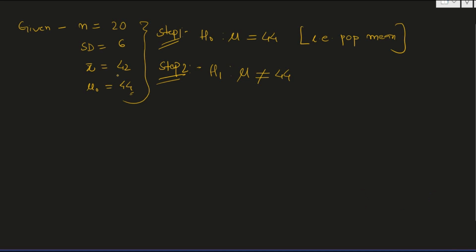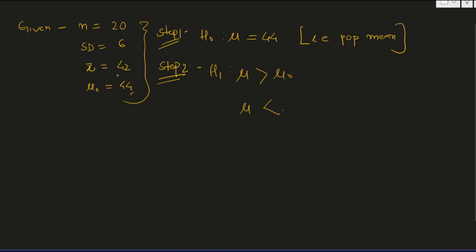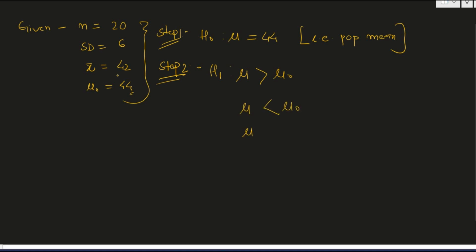We can have mu greater than mu naught, mu less than mu naught, and mu not equal to mu naught.